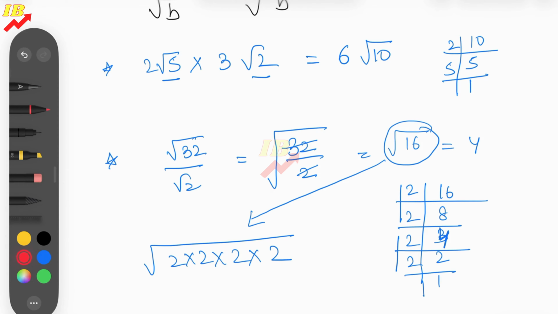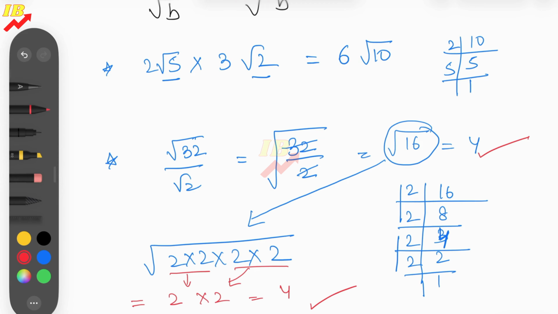As I said, in the square root we make two numbers as one pair and take it out. So that means 2 times 2 is one pair and 2 times 2 is another pair. For one pair you'll take 2 out from here and 1 from here, which is going to give you a 4, which is actually written here. So both are the same. Both ways will work.